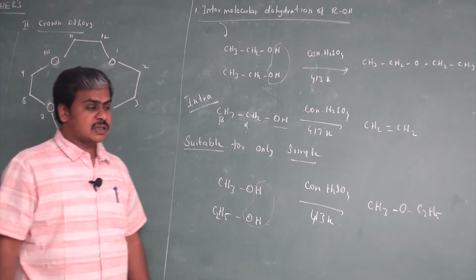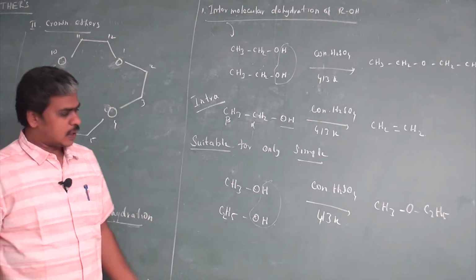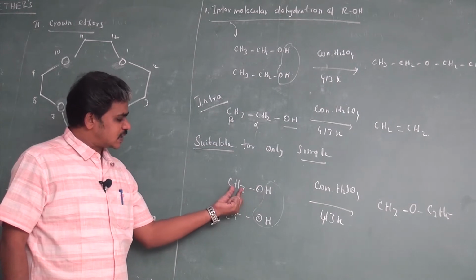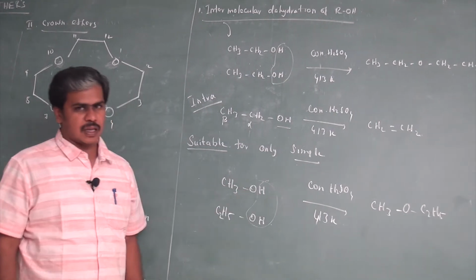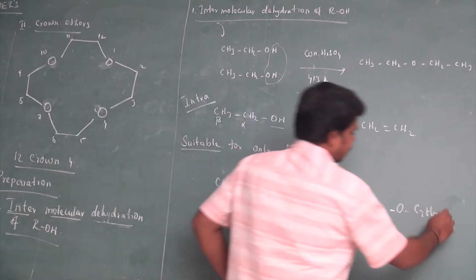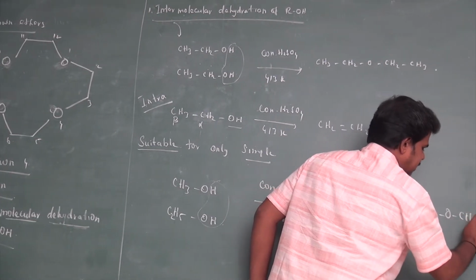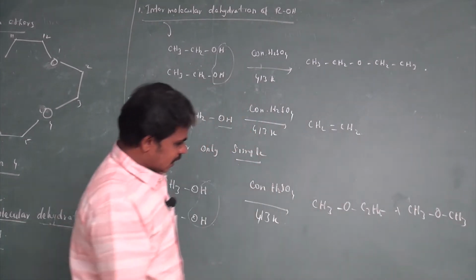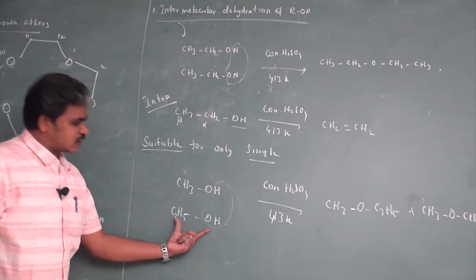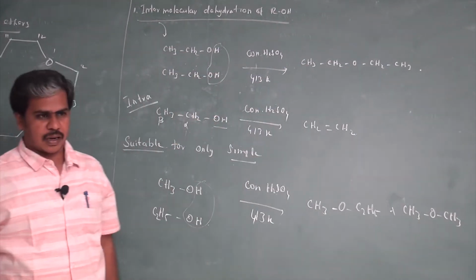Other than that, if we take 2 molecules of methyl alcohol, what is the product? Here CH3OCH3, so dimethyl ether is also a product, correct? If you are taking 2 molecules of ethyl alcohol like this, diethyl ether is also a product.